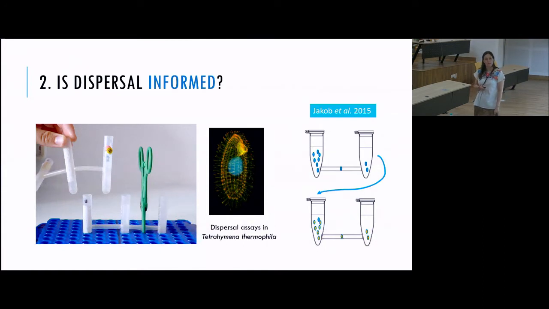And so in this experiment, what the authors manipulated is they used dispersal in one type of environment. They took the individuals that had dispersed in this environment and added them to another patch or tube, and witnessed how those few individuals that they had moved from there to there affected the dispersal decision of the rest of the individuals.